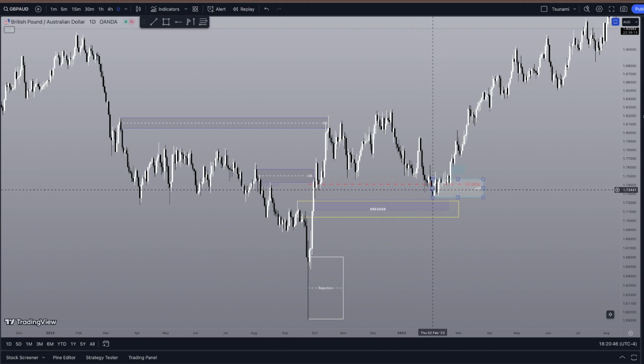Accumulation, manipulation, distribution, right? And so coming off of this new supply zone, of course, a lot of supply and demand traders may get kind of confused sometimes, because you might have your supply marked off down here, right? Or here, or maybe here. If I was a supply and demand trader, this kind of zone would mess me up a little bit, because this could all be seen as a supply zone.